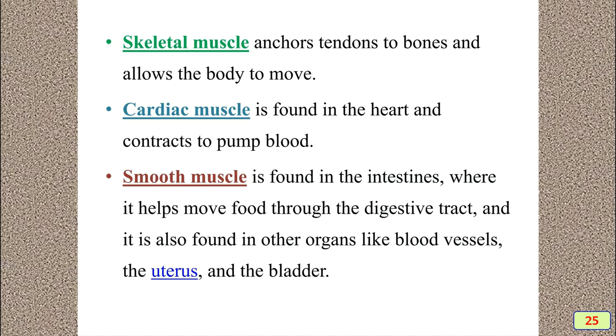Whereas the smooth muscles are present throughout the body, for example in hollow organs and intestines. Here one of the important movements is called peristalsis, which pushes the undigested material forward, especially in the digestive tract. They are also found in other organs like the blood vessels, the uterus and the bladder.